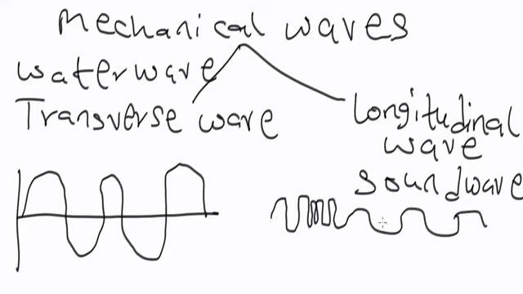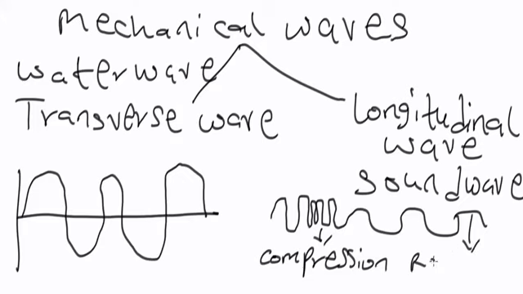So this is an example of a longitudinal wave. Now if you observe, you can see that here we have a compression, whereas here we have an expansion known as rarefaction.